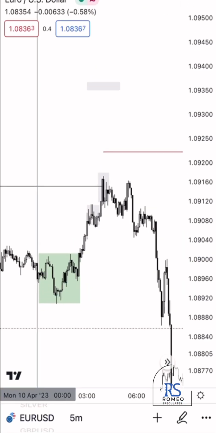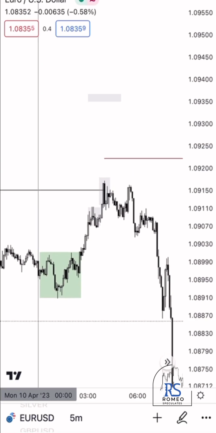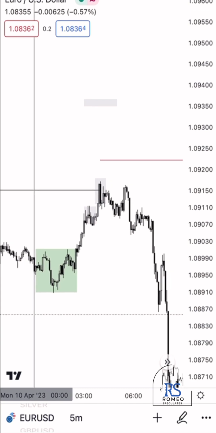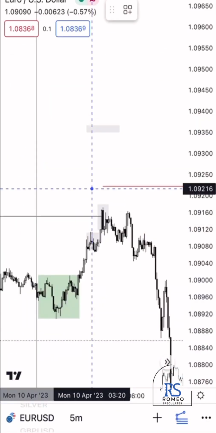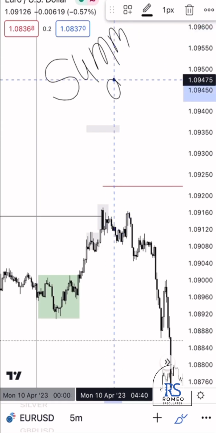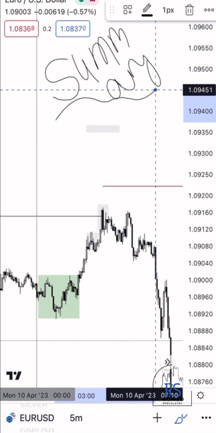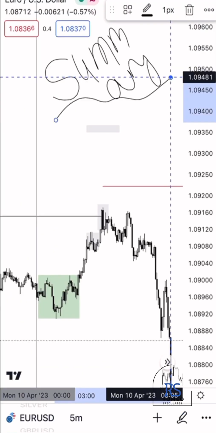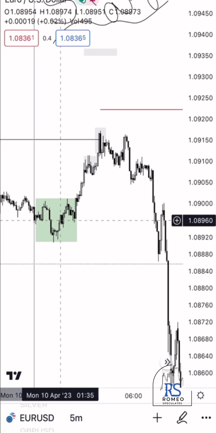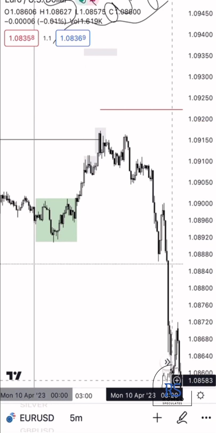In summary, and I have spoken about a lot more than I intended to, right? Which is why it's probably a bit longer than normal. So that's okay. So in summary, in summary, with an S, opening price, opening time, accumulation, manipulation, distribution.